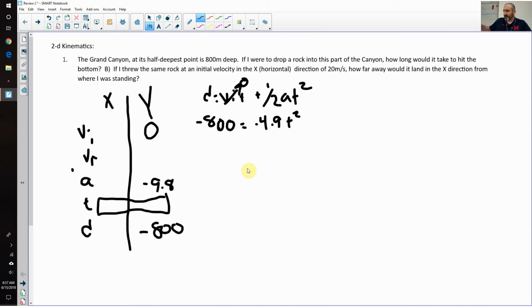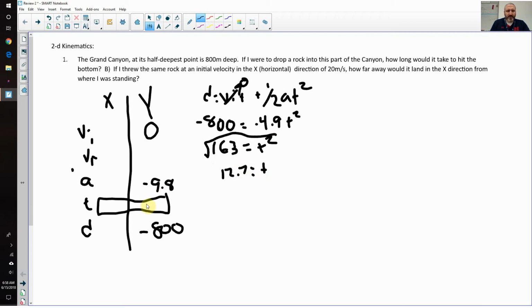Then we can divide negative 800 by negative 4.9. That's going to be 163. So 163 equals t squared. The square root of that is going to be 12.7 seconds. So t will equal 12.7 seconds.